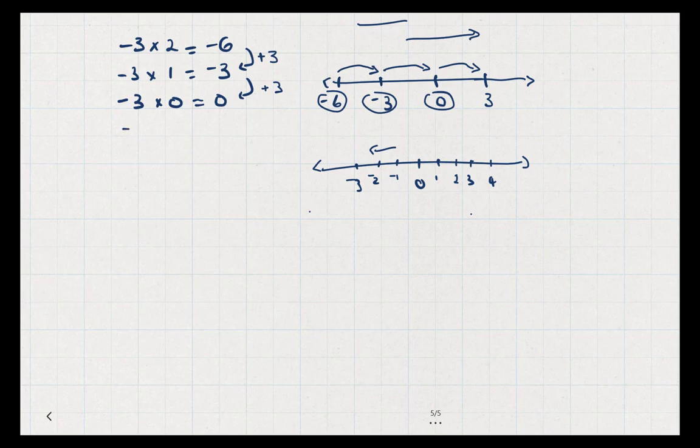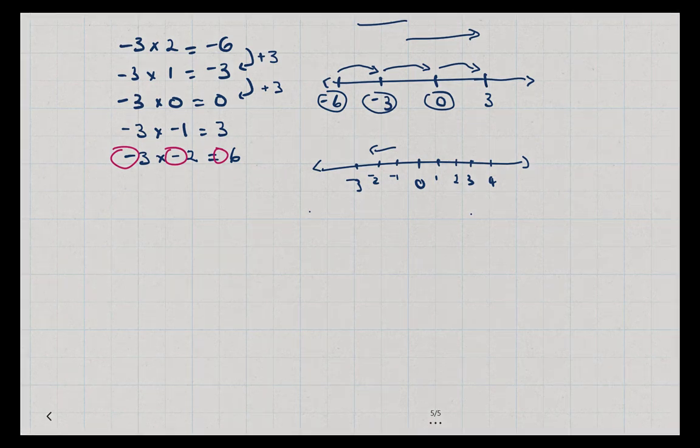Looking at the pattern here on the left, -3 times -1 gives me +3. -3 times -2 gives me +6. So a negative multiplied by a negative resulted in a positive.